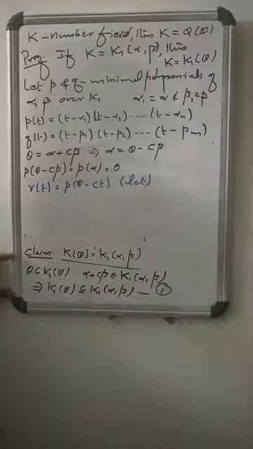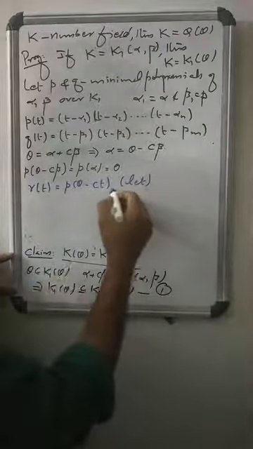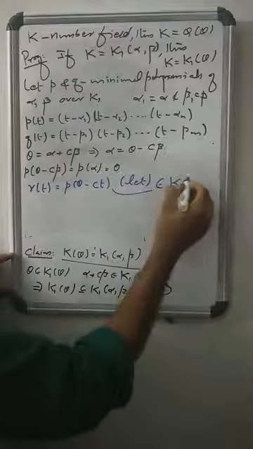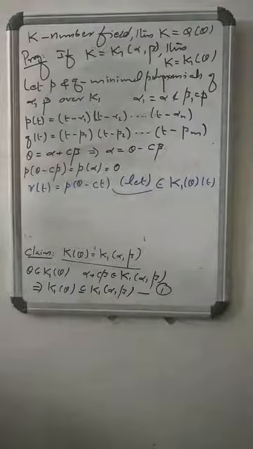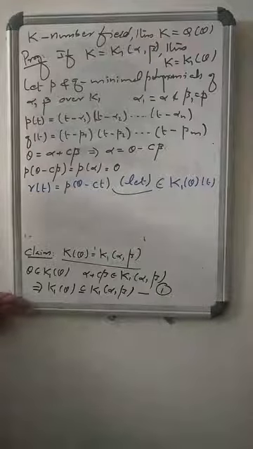So this P of theta minus c t, where should it be present? In K_1(theta)[t]. P of theta falls in K_1(theta), so P of theta minus c t falls in K_1(theta)[t].